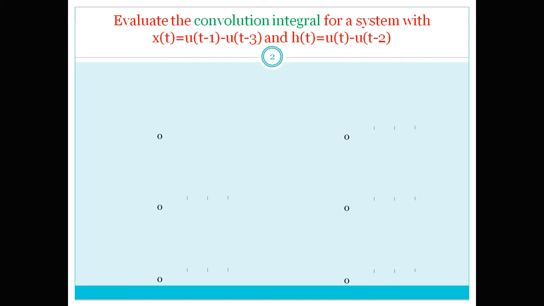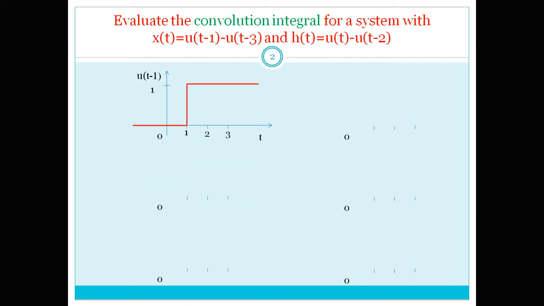Let us see then what is meant by u of t minus 1. This is the step function shifted towards the right by 1 unit. That we will see now. This is the time axis and that is u of t minus 1. Actually u of t has the value 1 after t greater than 0, but this is u of t minus 1, so after t greater than 1 the value is equal to 1.